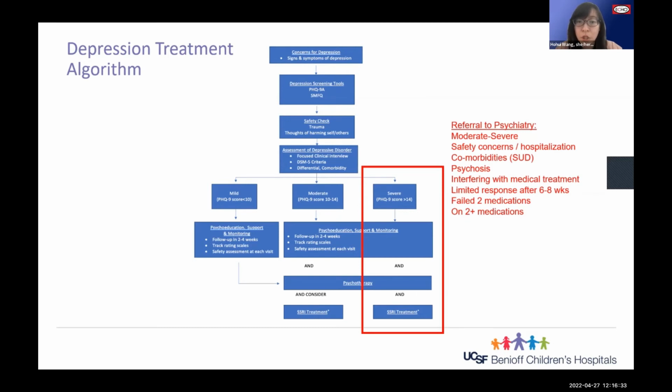When the patient also shows signs of mania or psychosis, this is also another indicator to refer to child psychiatry. No response to the SSRI after 6 to 8 weeks. And then if the patient has failed more than 2 medications or has been on more than 2 medications and is still experiencing depressive symptoms, these are the more severe patients that will be appropriate referrals.